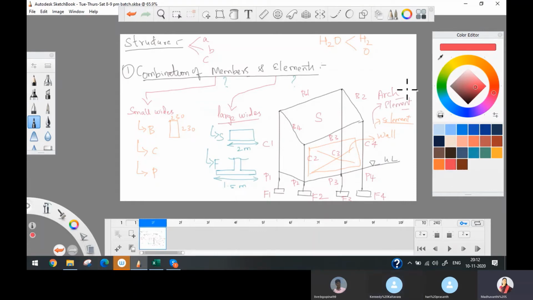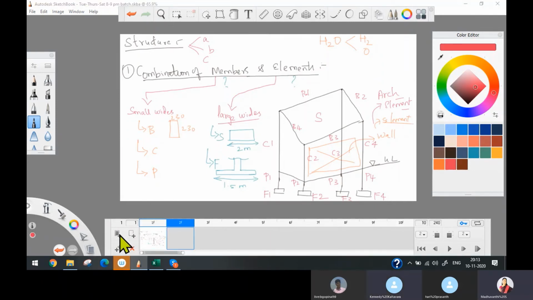We basically have two types of buildings: one is the load bearing structure, the other one is the frame structure. But nowadays, no one does load bearing structures. It's all frame structure only. In a frame structure, no load is transferred to the wall. So the wall is not a structural element, it's just an architectural element. So this is one definition for a structure. But the definition is not yet over.